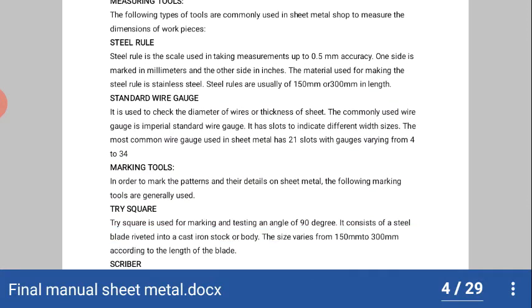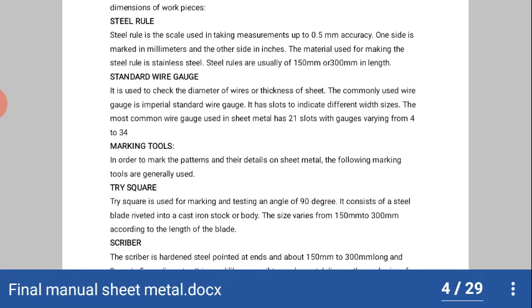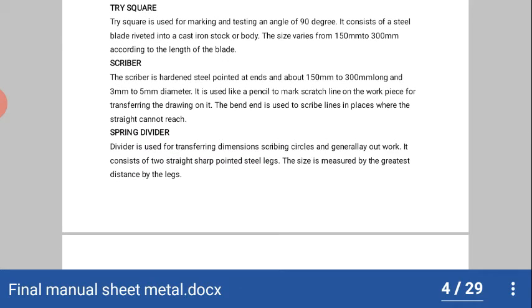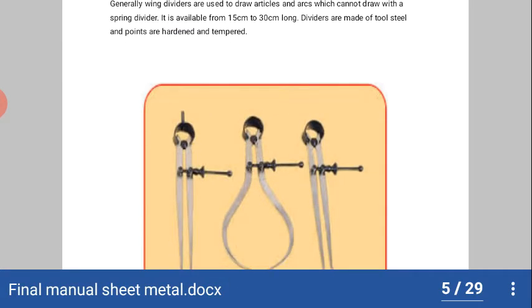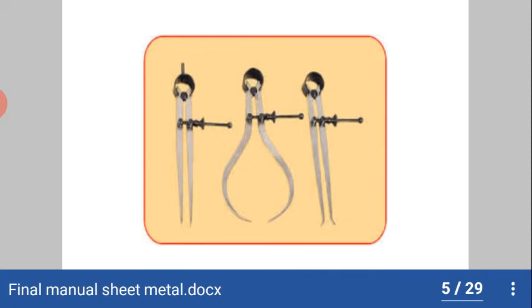Next comes the measuring mark scriber, then the spring divider, yes, these are the dividers or spring calipers. These are also used for equally dividing the workpiece into different parts. These are also called spring calipers.